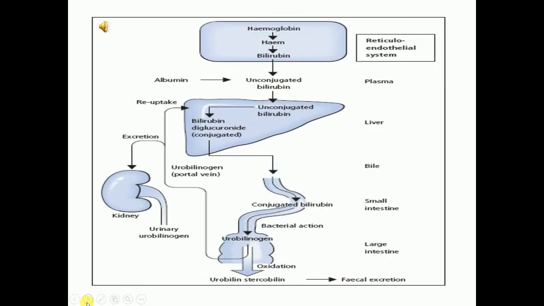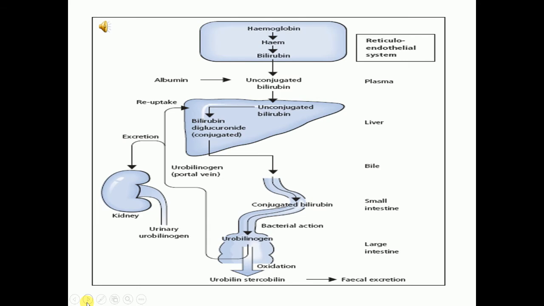As you can see, before coming to the liver it is unconjugated bilirubin. After coming to the liver it becomes bilirubin diglucuronate, which is the conjugated part.